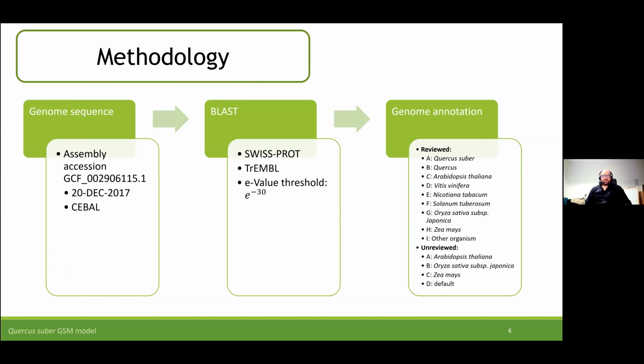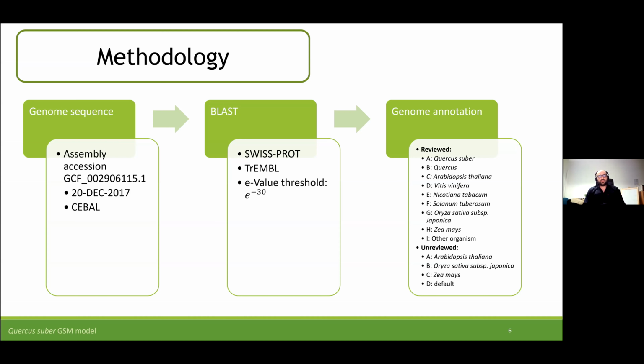So the methodology that we followed to reconstruct the model was, we started with the genome sequence, which we obtained from NCBI with this accession number. This genome was submitted in December 2017 by Sebal. Initially we performed a BLAST against Swiss-Prot of all the ORFs that were identified in the genome.